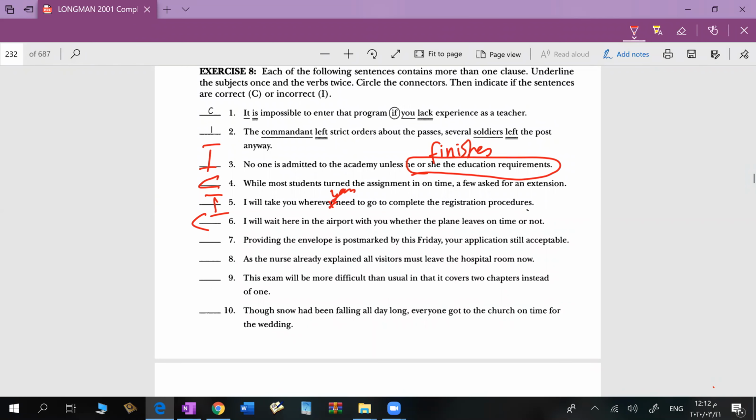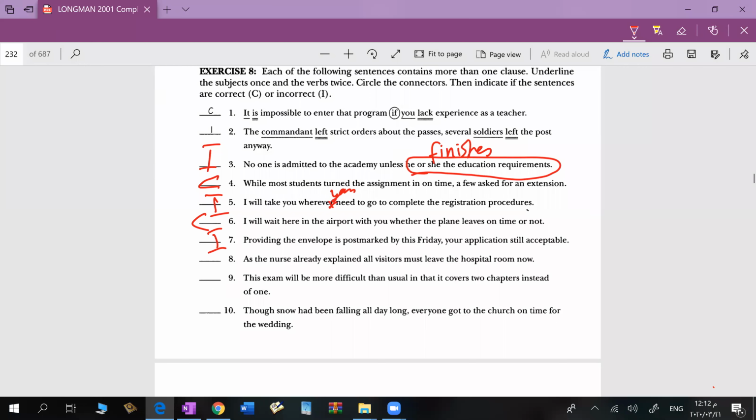Number 7: Providing the envelope is postmarked by Friday, comma, your application still acceptable. Try again. Look again. It's incorrect. How can I make it correct?